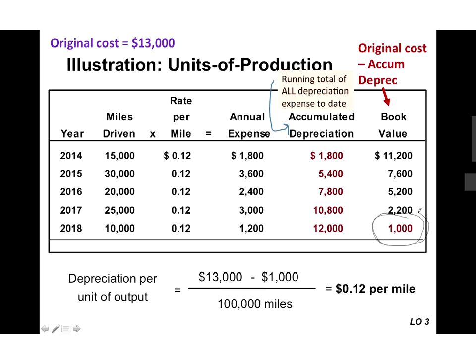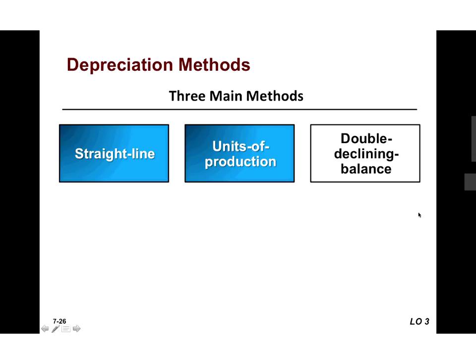So you can use one method for your books. It doesn't have to match what's on your taxes. Because again, the tax method is chosen by the government based on the revenue collections they want to make. It's not based on what's the best information for your investors. So there's a difference. So companies can have two different depreciation methods.